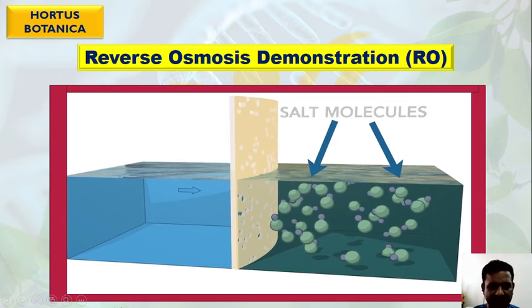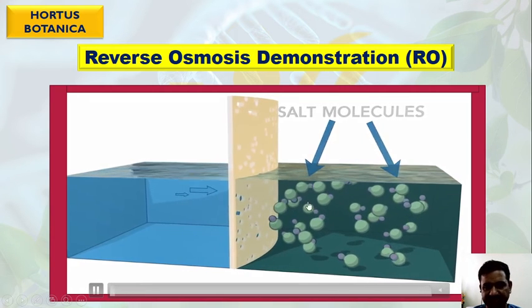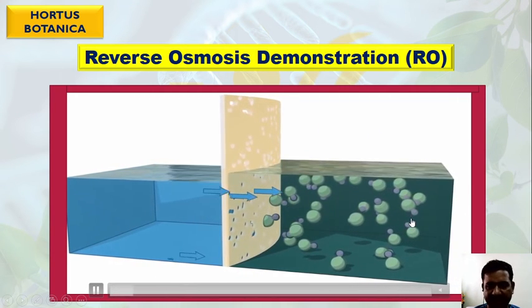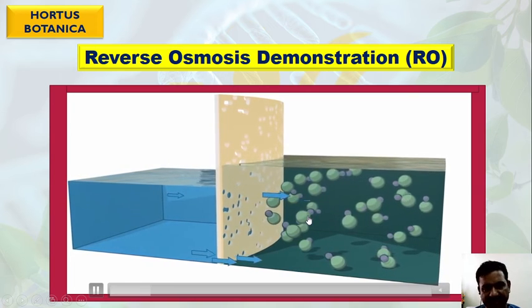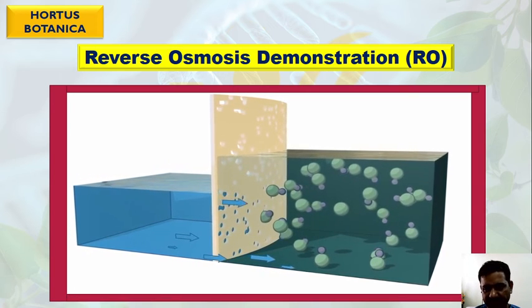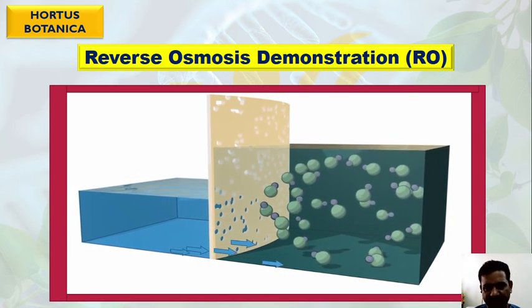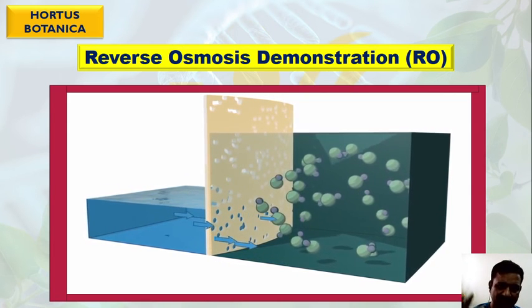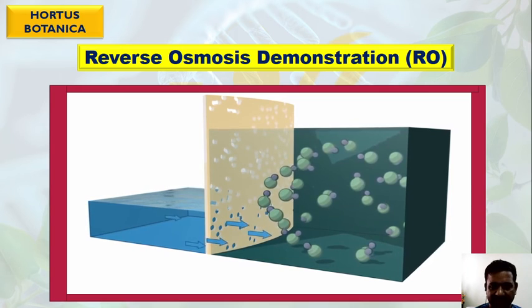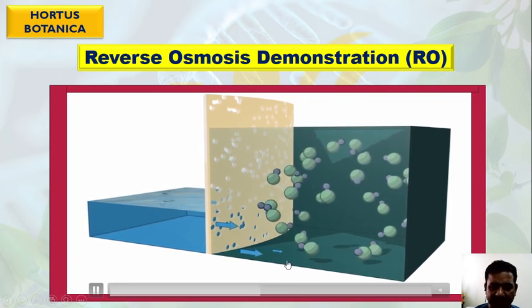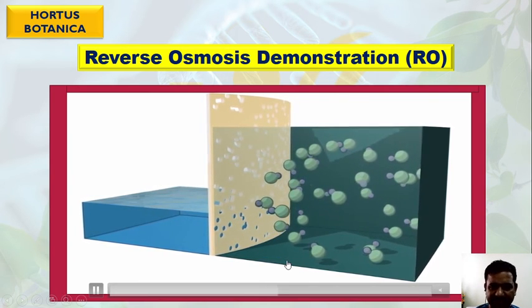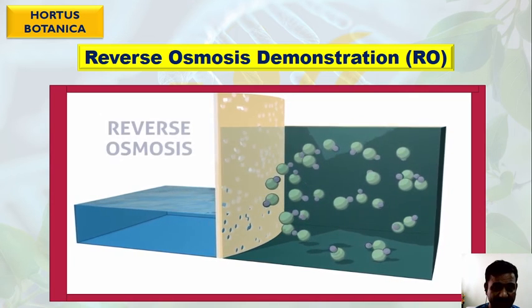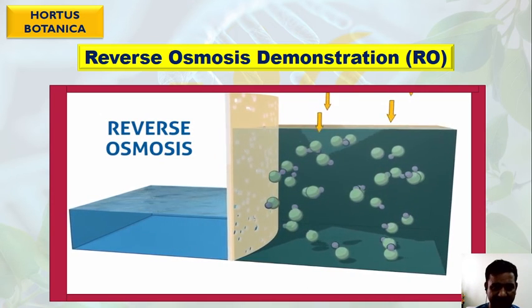So let's see the concept here. Again, on the right side we have taken pure water, and on the left side we have taken the solution. See how they are moving from hypo to hyper. But when we create a pressure on the solution side, see, this is the pressure created.